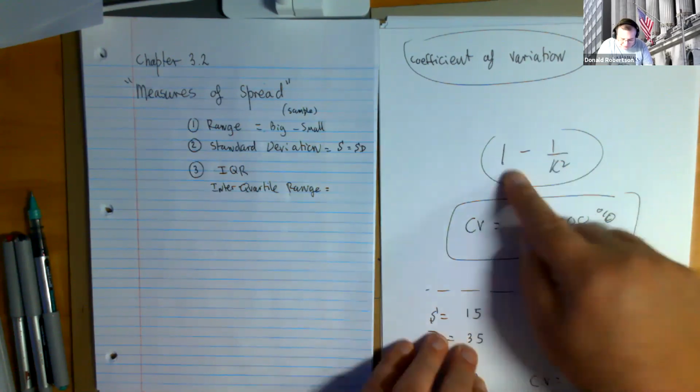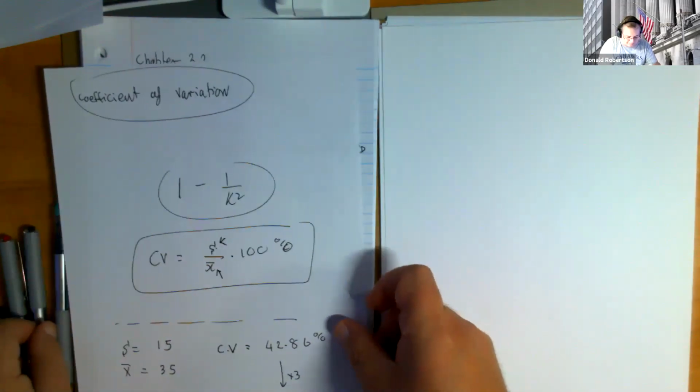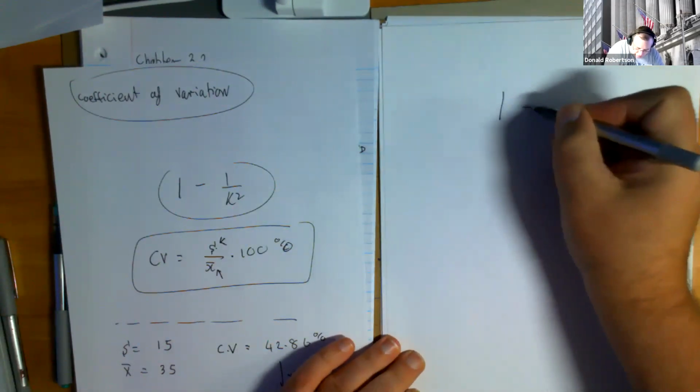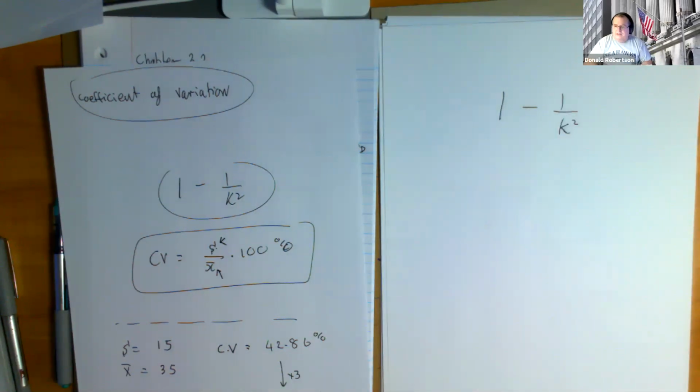Now, what's this funny thing up here? It's the Chebyshev guy. They also mentioned that. And it's 1 minus 1 over k squared. And I've forgotten what k is, so I'm going to have to go back in and find out. I believe k is the number of standard deviations away from the mean.